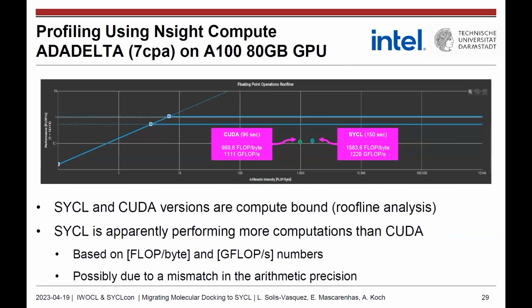In order to understand this, we profiled executions of AutoDock-GPU, both CUDA and SYCL, on the A100 GPU using the Nsight Compute tool. We found that both CUDA and SYCL versions are compute bound. However, we think that SYCL is apparently performing more computations than CUDA based on the numbers we see in this chart, and we think this is possibly due to a mismatch in the arithmetic precision used.